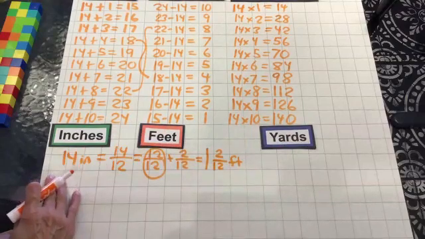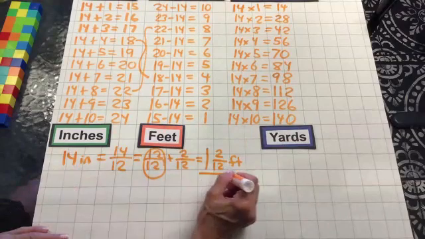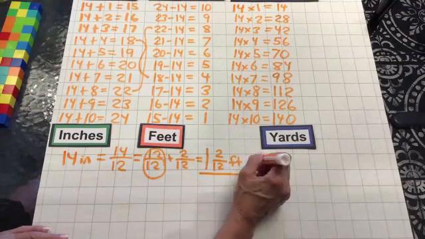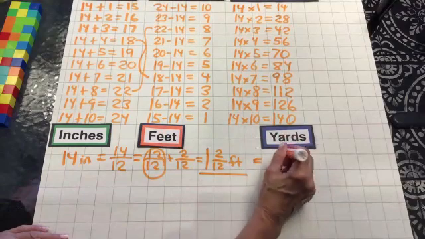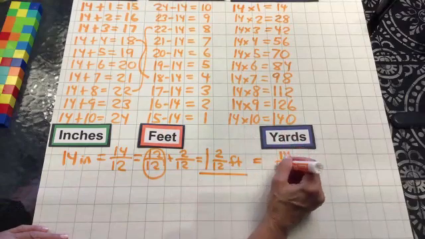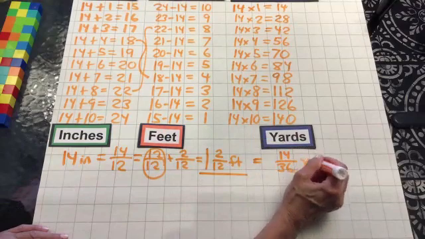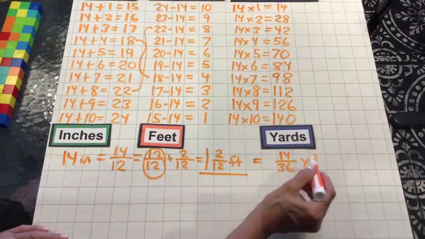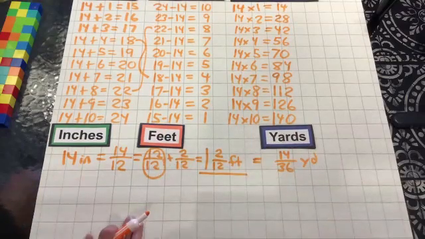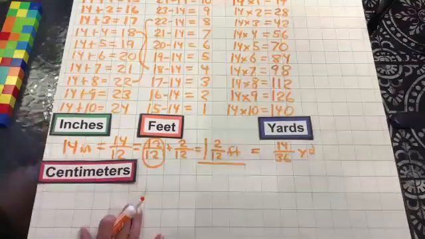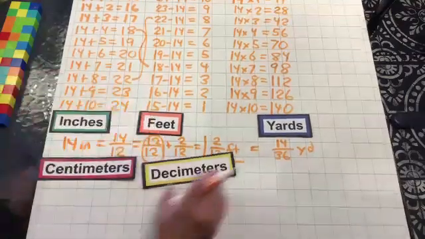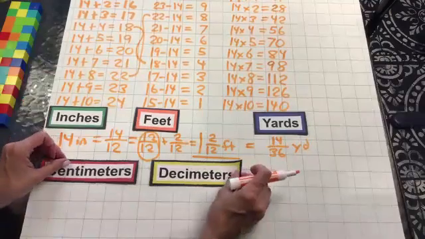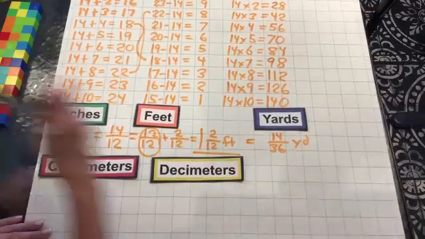So 14 inches is the same as 1 and 2 twelfths feet, or 14 out of 36, or 14/36 of a yard. All right, let's go into the metric form, centimeters, decimeters. I'm going to move this down so you can see the feet if you're still filling that in, and meters.